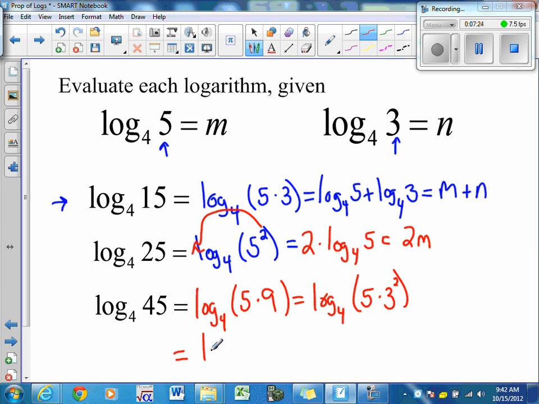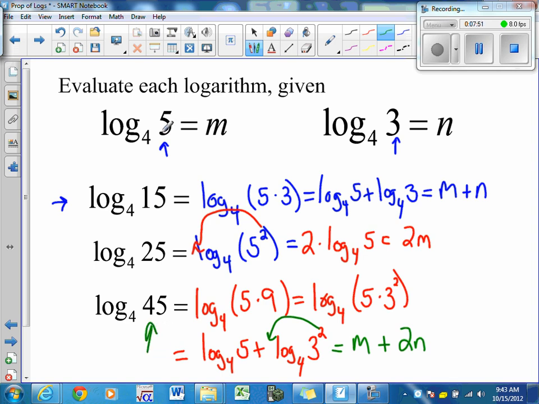They're multiplied, so now I can split them up into log base 4 of 5 plus log base 4 of 3 squared. The exponent can go out in front, so log base 4 of 5 is m, and log base 4 of 3 is n. That 2 in front gives me 2n. So when you do these, you're trying to get the numbers inside the logarithm in terms of these numbers here.